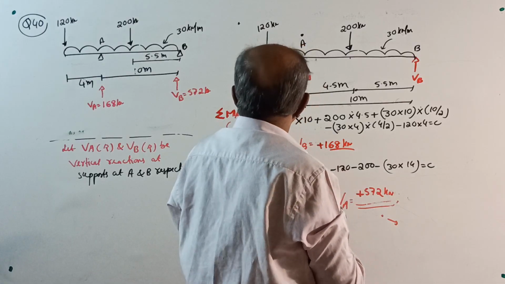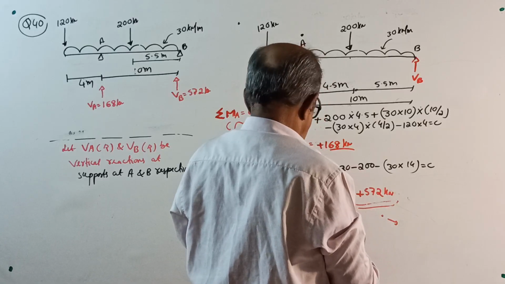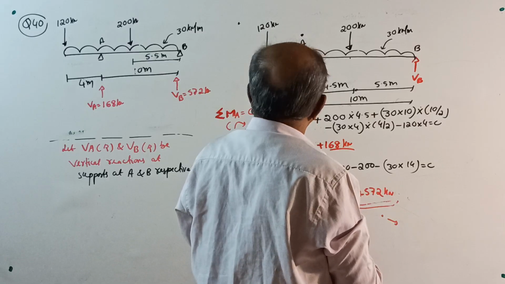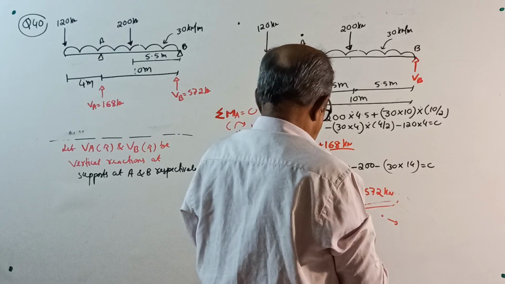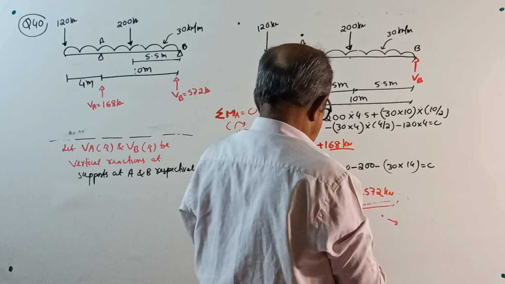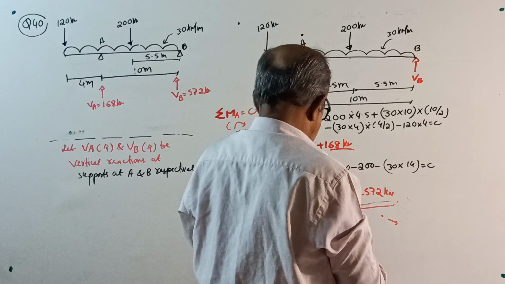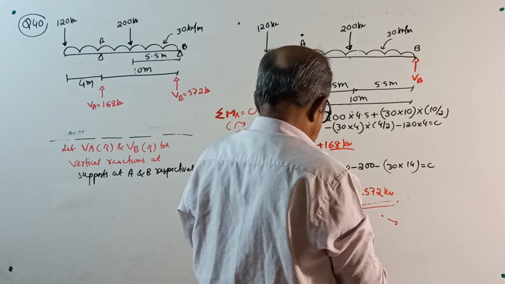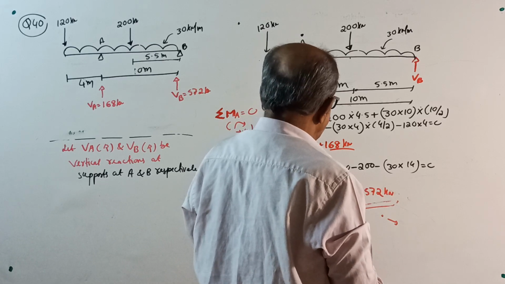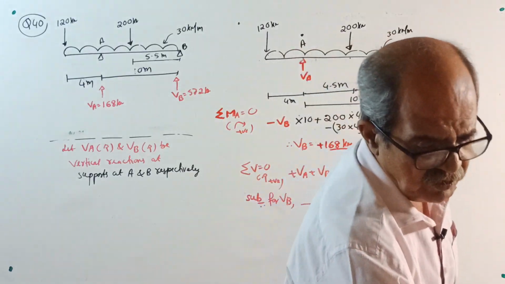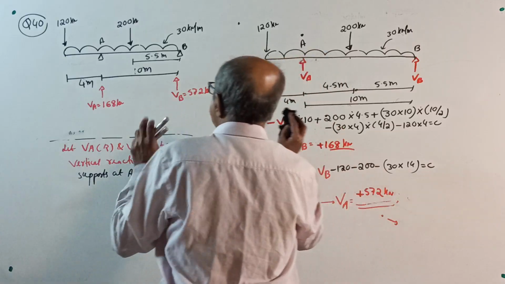What is VA? 120 into 14 plus 200 into 5.5 plus 30 into 14 square divided by 2, divided by 10. You will get VA 572 kilonewton. Correct answer. Okay, done. So solve these questions.